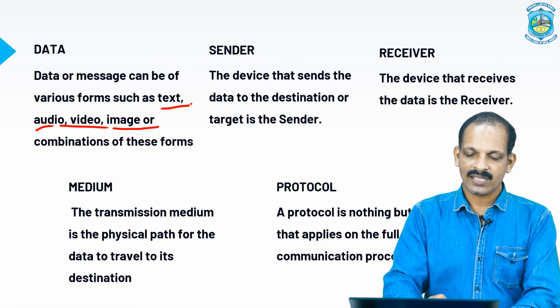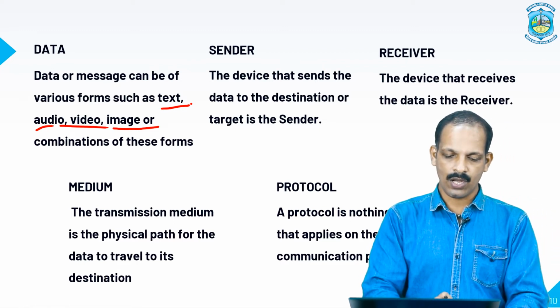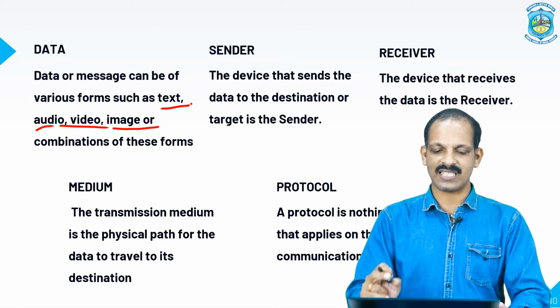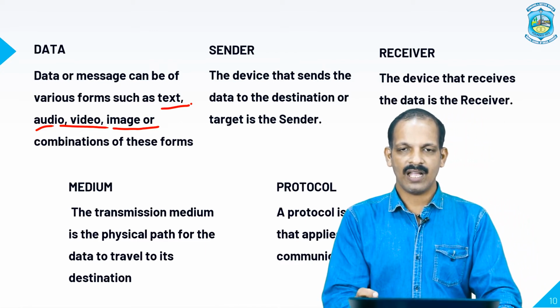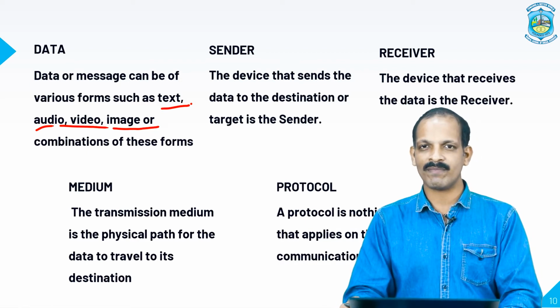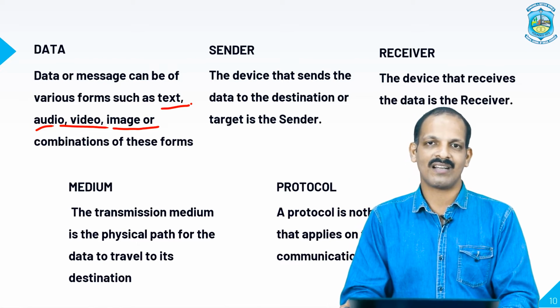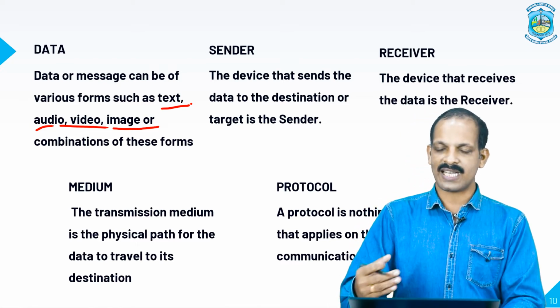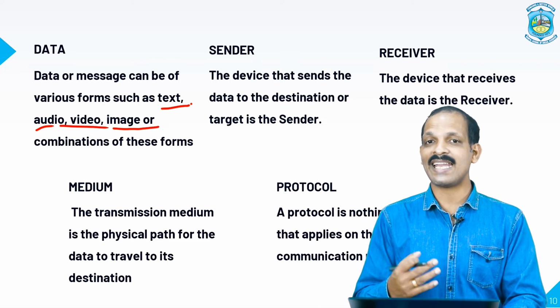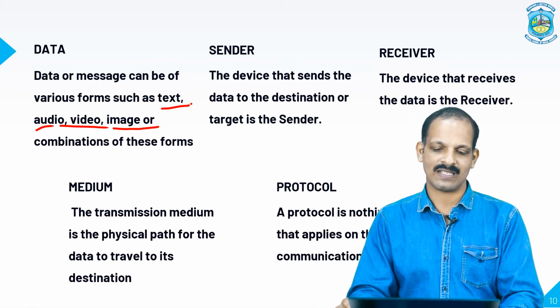Then medium, the transmission medium, is the physical path for the data to travel to its destination. Whenever we send some data, there should be a medium. In a vacuum, we can't send any data. So, section by section, we will elaborate and explain the importance of medium in the coming sessions.